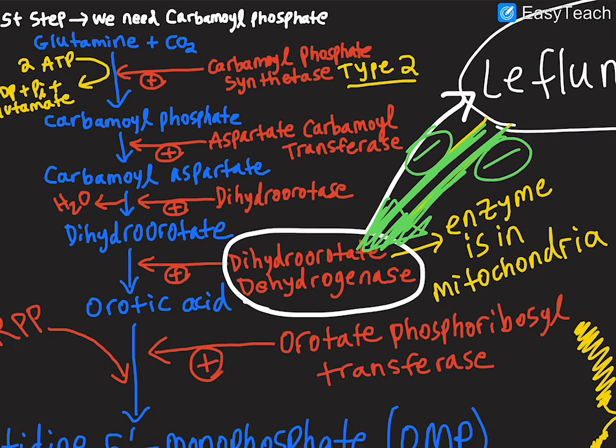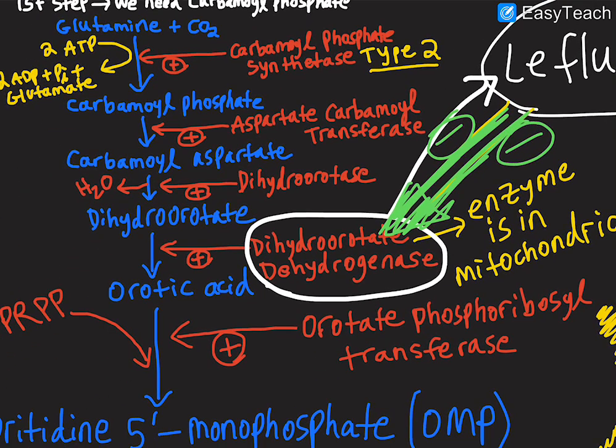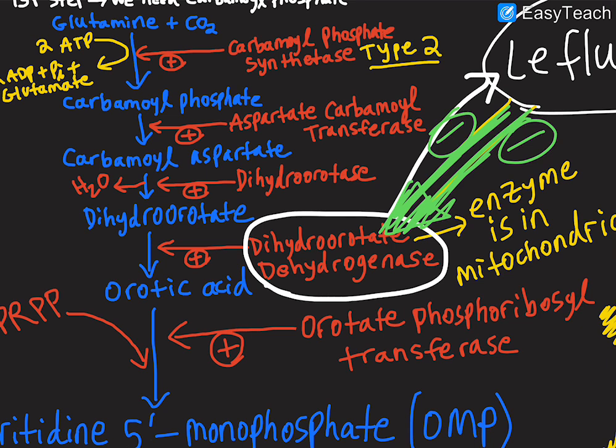So we're at orotic acid. And now from orotic acid, remember, we made OMP with the help of the PRPP molecule. Remember the phosphoribosyl pyrophosphate got added into the reaction and we got the help of orotate phosphoribosyl transferase, right? So now we made OMP.